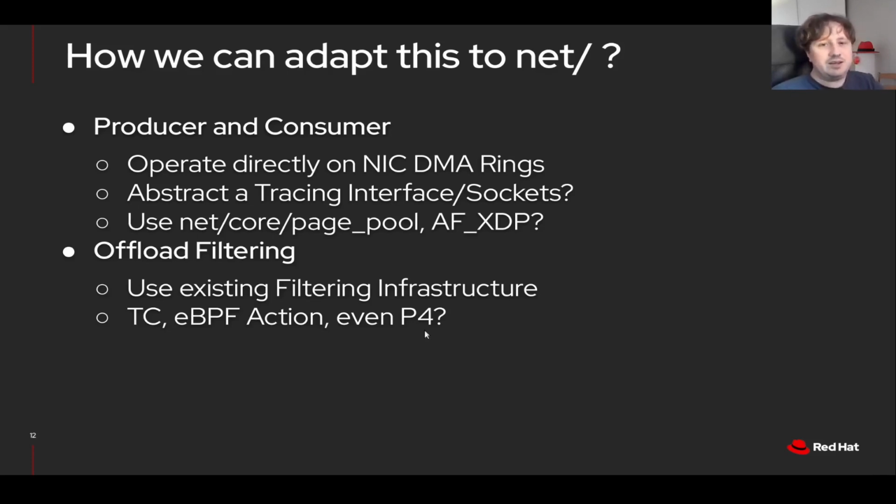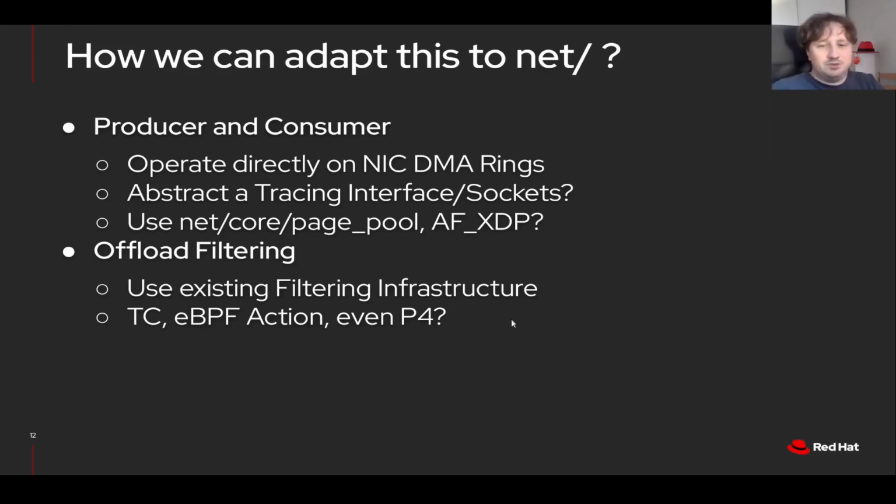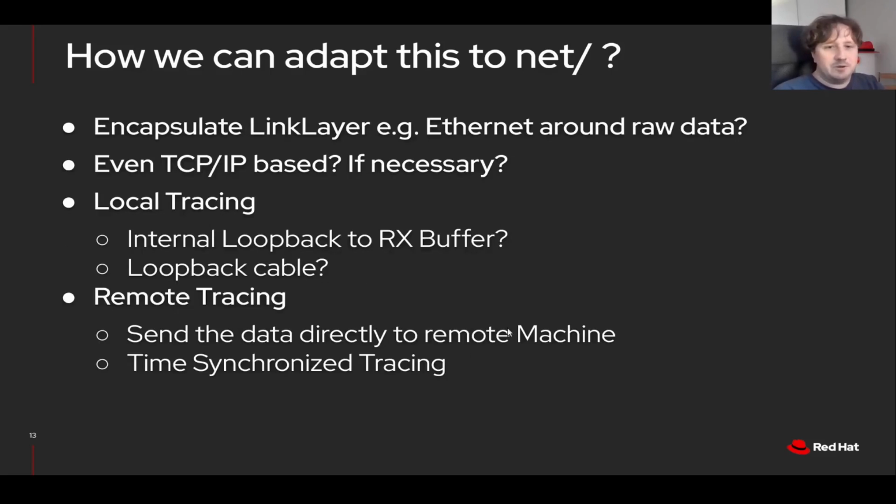And when we directly operate on these DMA rings, why can we not just have the user space tracer open an XDP socket, which directly operates, getting the data from the DMA ring to the user space without bouncing buffers around.